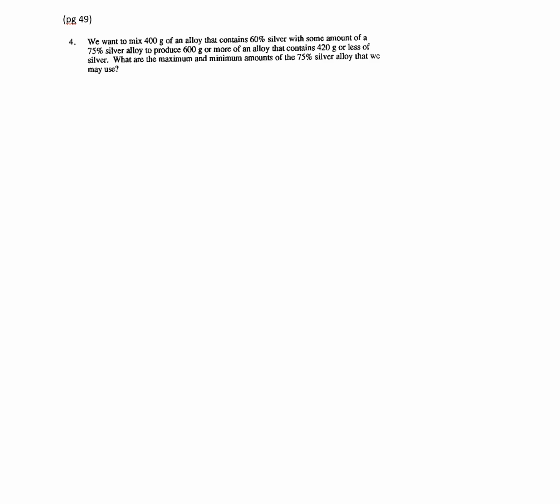So I'm going to start by saying that X is the amount of the 75% silver alloy that we're going to use, and X is going to be in units of grams.